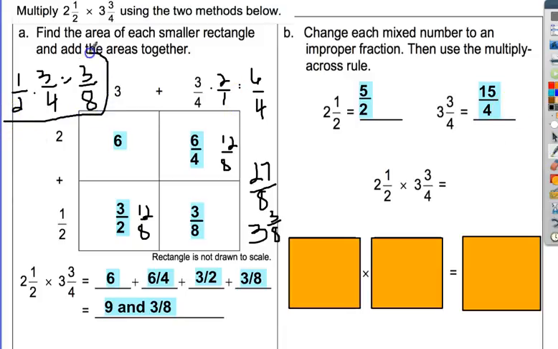When you have 2 fractions, whether they are proper fractions or improper fractions, you use the multiply across rule.